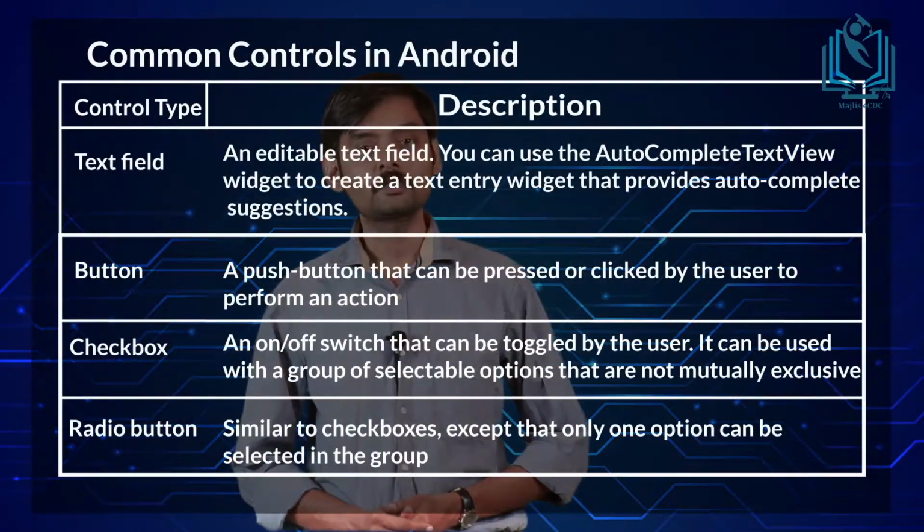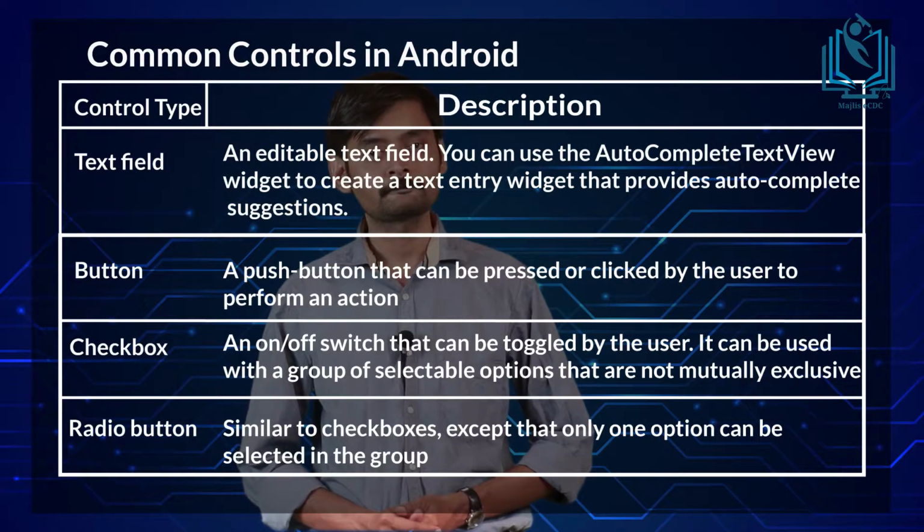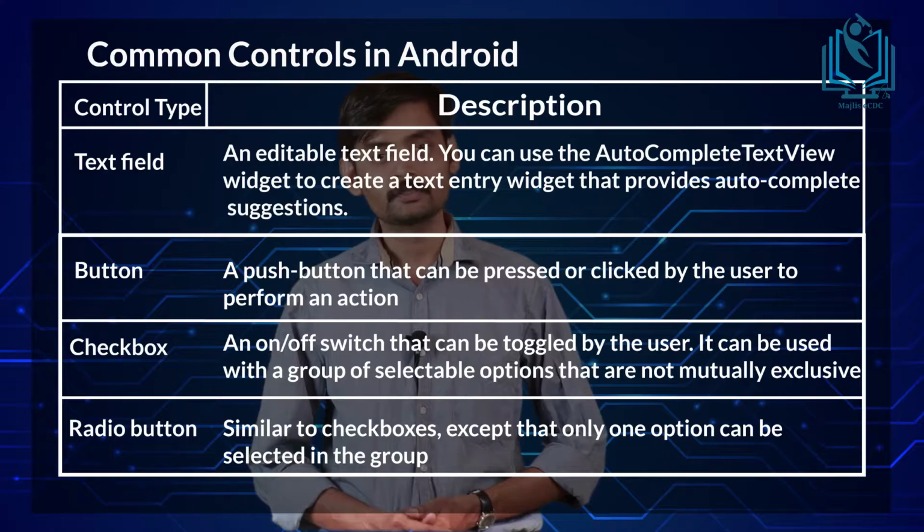First of all, we will start with some common basic terms. In the design purpose we are using some common controls such as button, text box, text field, edit text, checkbox and radio button. So these are categorized as the common basic controls used in Android.